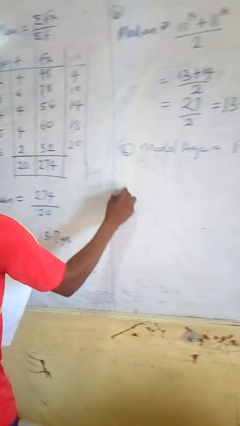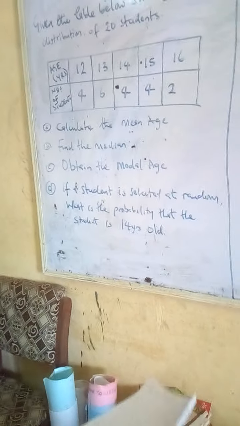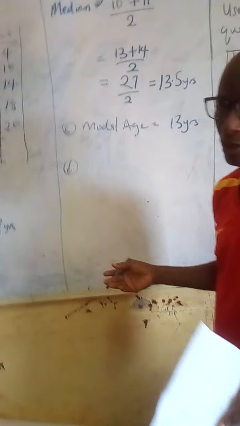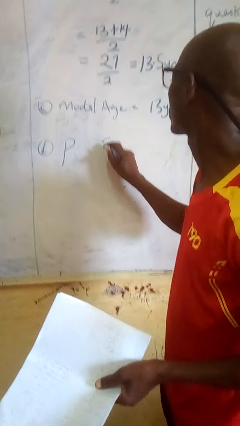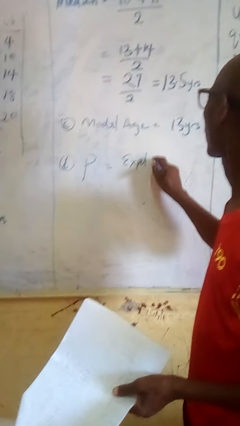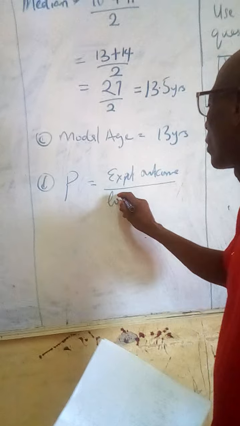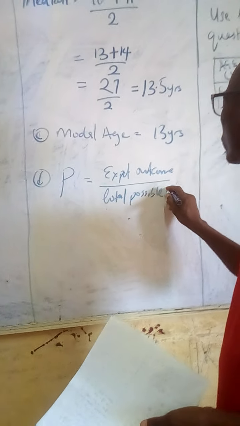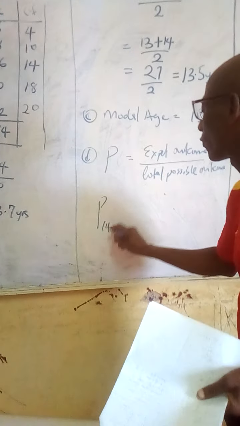Lastly, the last question we have: if a student is selected at random, what is the probability that the student will be 14 years? The formula for probability, like we all know, is the number of expected outcomes over the total possible outcomes. Now, what is the number of expected outcomes for 14 years?